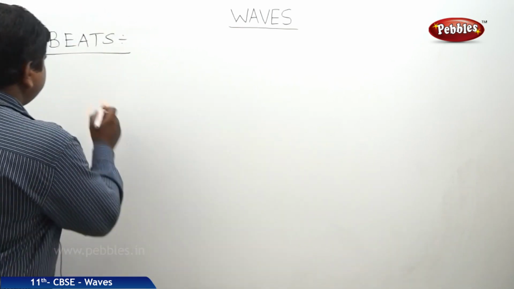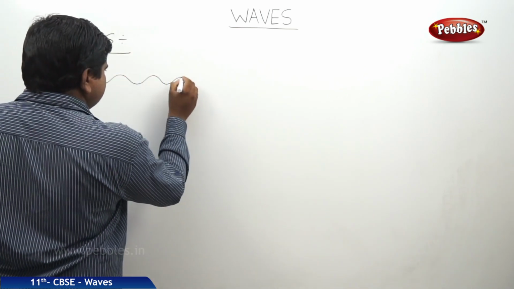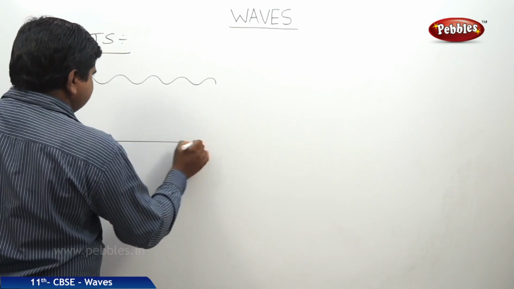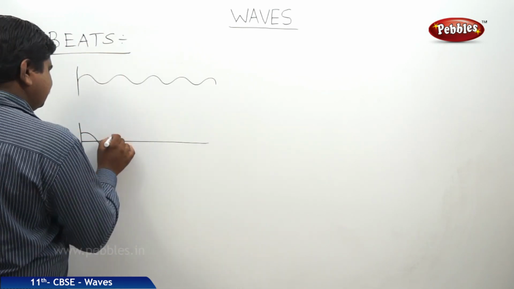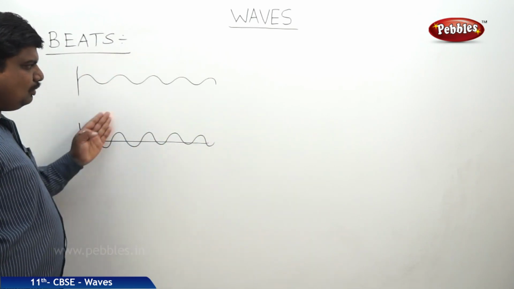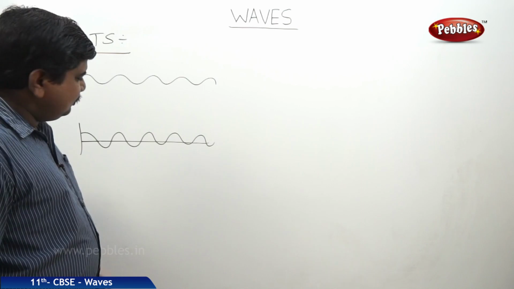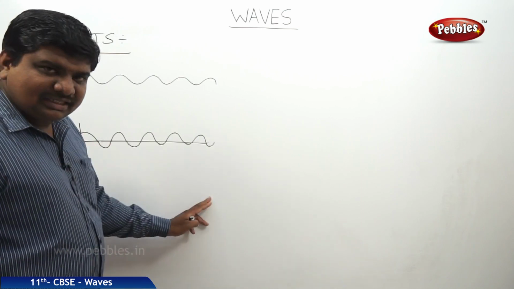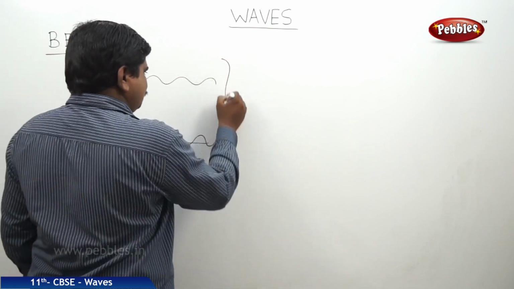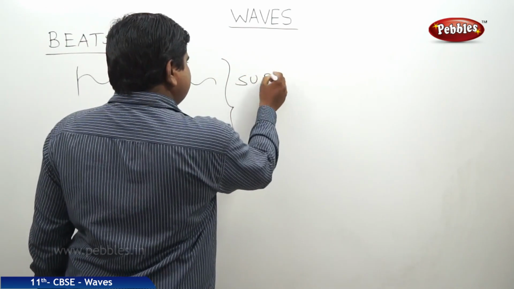That means two waves: this is one wave, and the second one has a slight variation in frequency. These two are moving in the same direction, so they superimpose on each other.